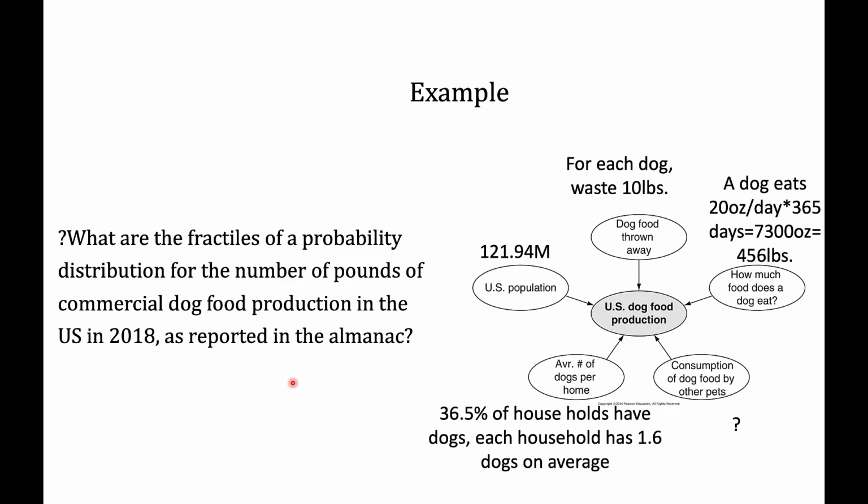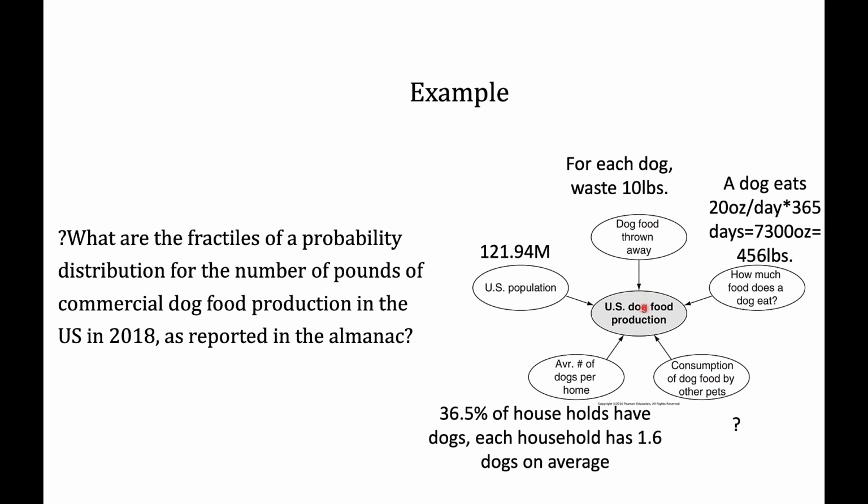For example, if you are thinking about the fractiles of a probability distribution for the number of pounds of commercial dog food production in the US, as reported in the almanac, you might have no idea. We're talking about the number of pounds of commercial dog food for the entire nation. It is a daunting task to come up with medians or mid-range values or surprises.